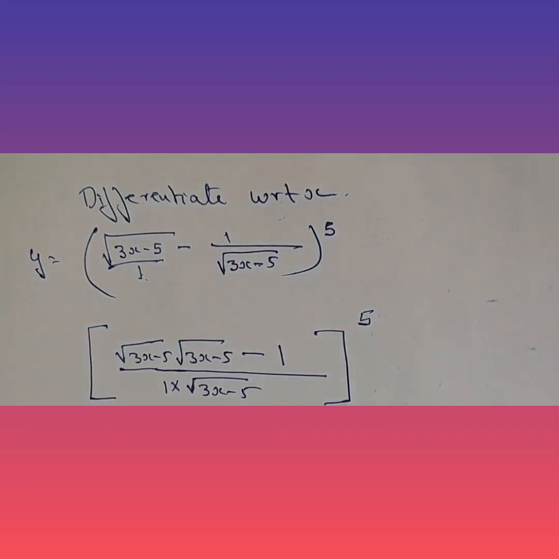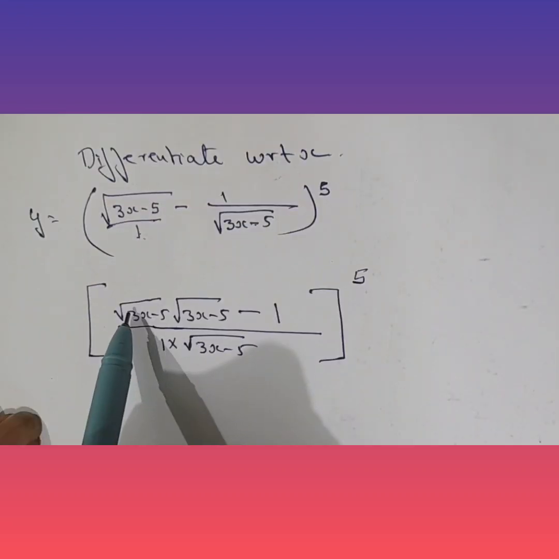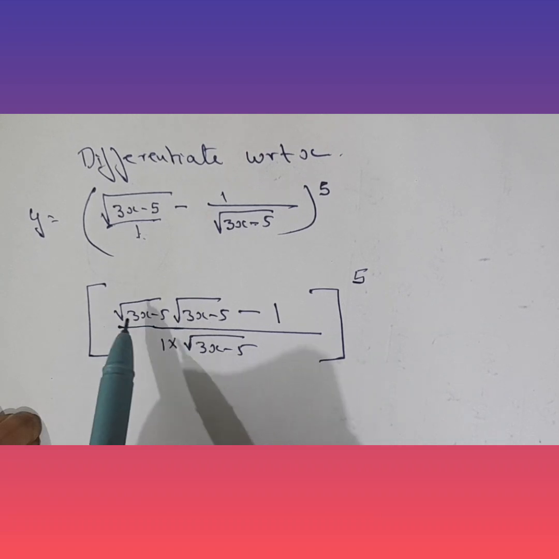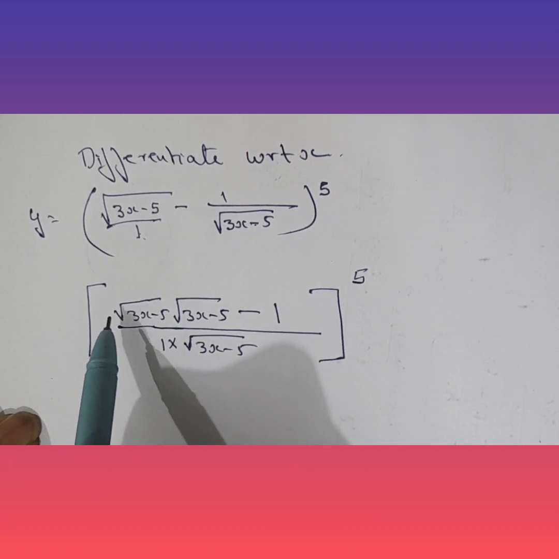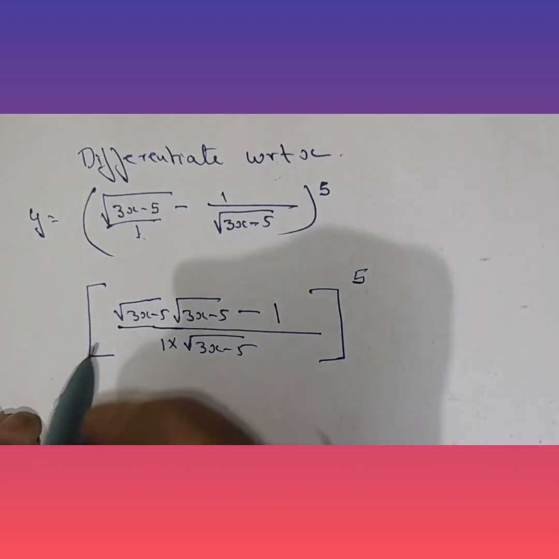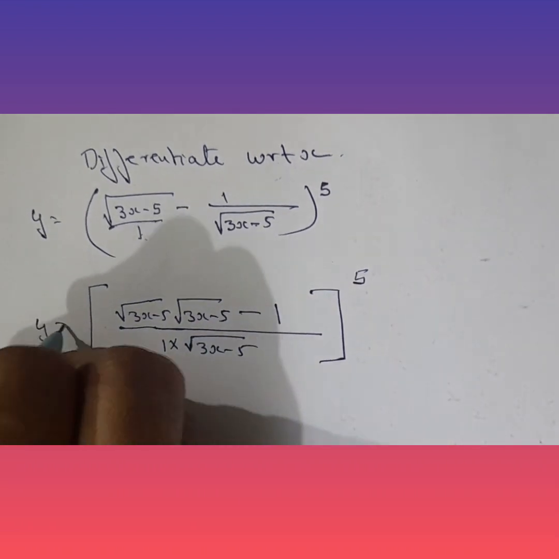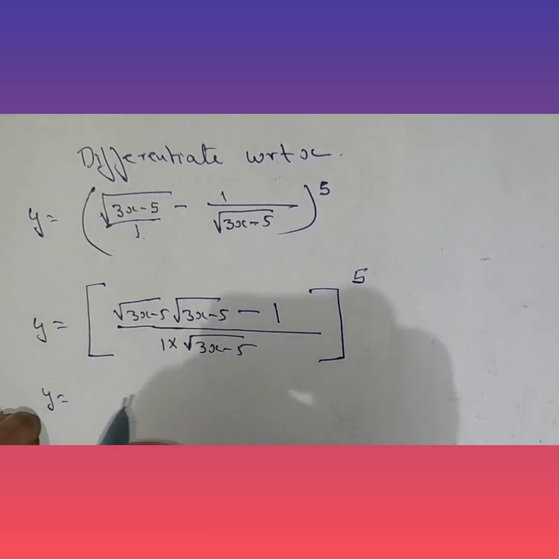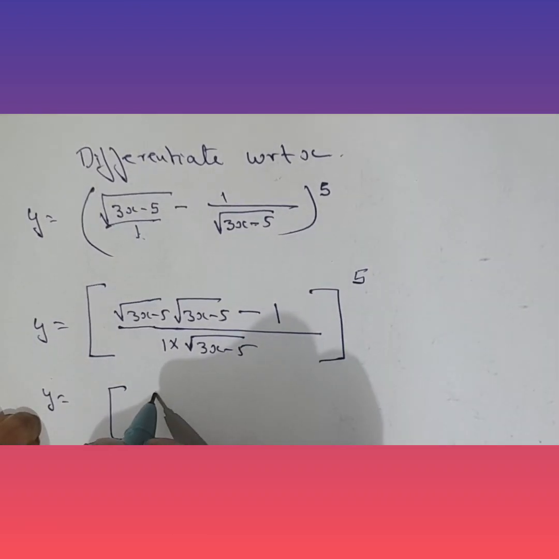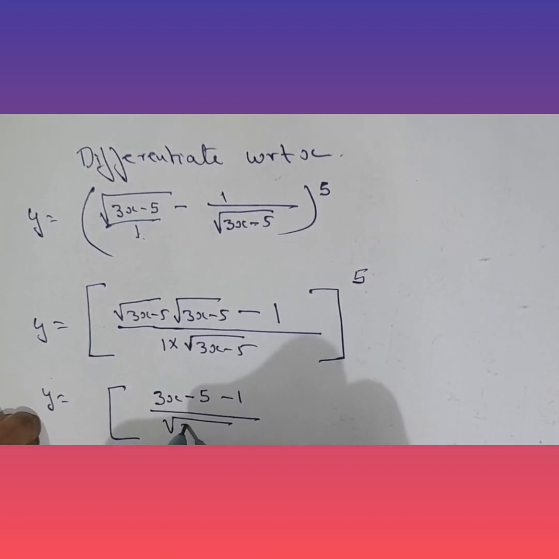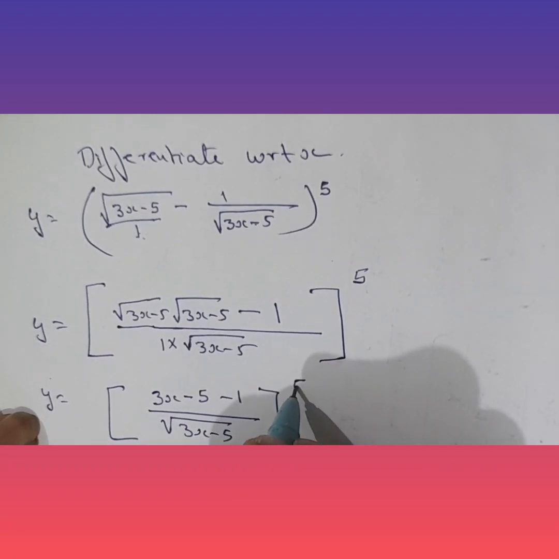Got this? Now we know if we multiply root of a with root of a, it becomes root a square. That itself means a. That means the root disappears. So in the next step, what happens is we have 3x minus 5 minus 1 upon root 3x minus 5 raised to 5.